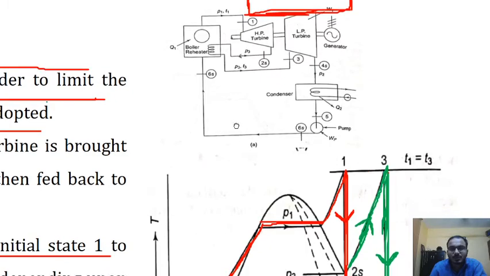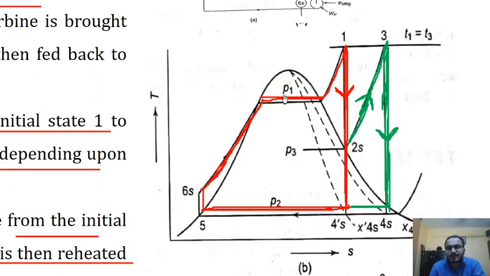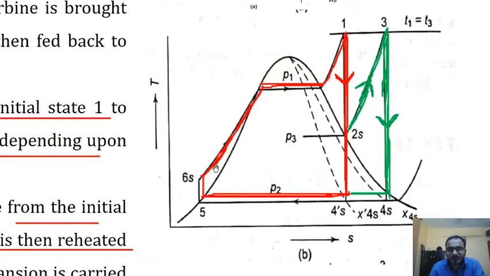and the usual path. So what we are getting here, that after expanding in high pressure turbine, HP turbine, it is again reheated, that is the point, the curve 2s to 3, and then again it is expanded in the low pressure turbine. So here if you see the benefit, that our usual old cycle was this red one, and our new cycle is with addition of this green curves.